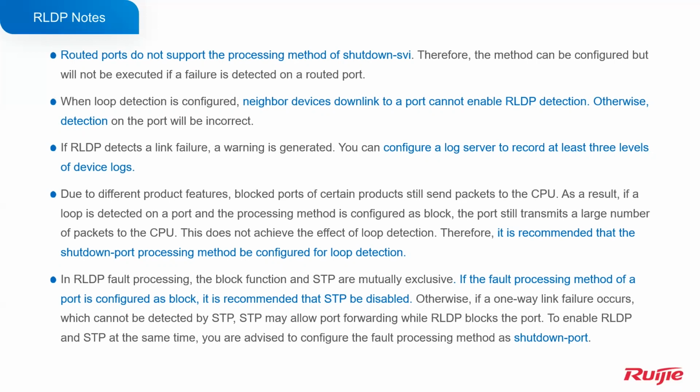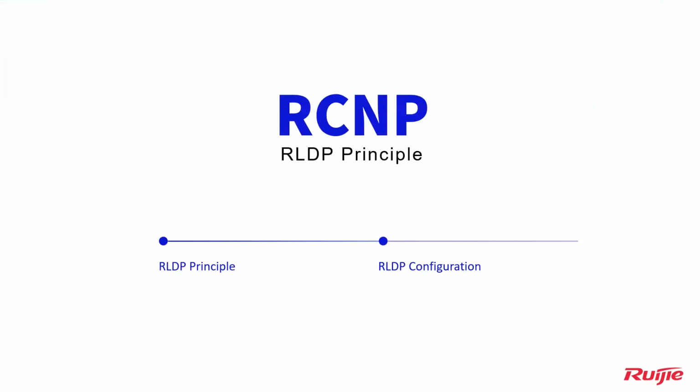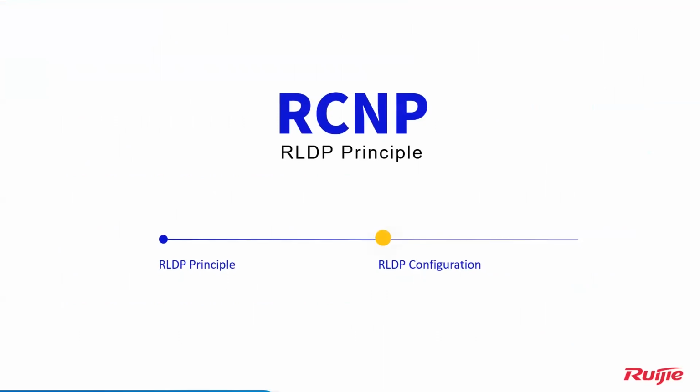So to enable RLDP and STP at the same time, you are advised to configure the processing method as shutdown port. Okay, because once we shut down the port, no matter STP or RLDP, they will not work anymore on this port. Okay, after knowing the working principle of RLDP, next let's see the configuration.